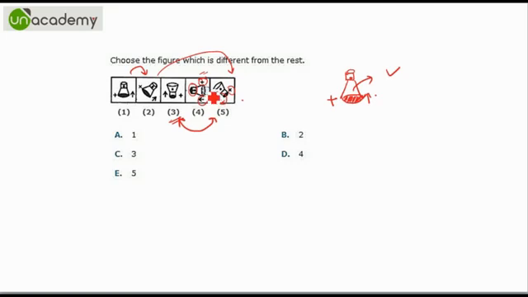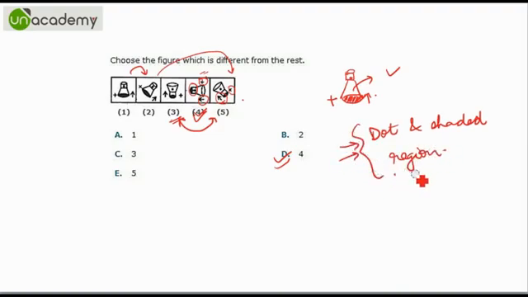So that makes option 4 the correct answer. Dot and shaded region, that was the key point of this problem.